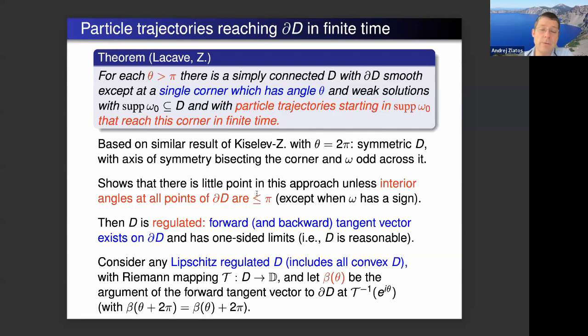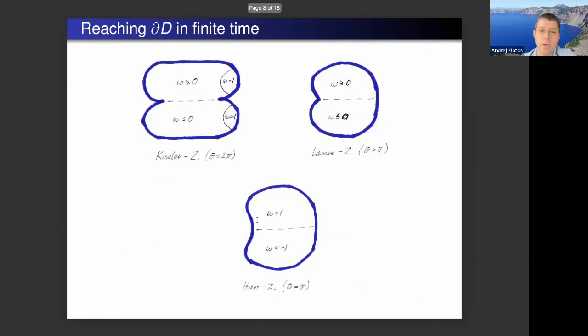And then it turns out your domain has a property that's called the regulated property. This definition comes from complex analysis. Basically, it means that at every point of the domain, you have a forward tangent vector and a backward tangent vector. You don't necessarily have a tangent vector, but you have forward and backward tangent vectors.